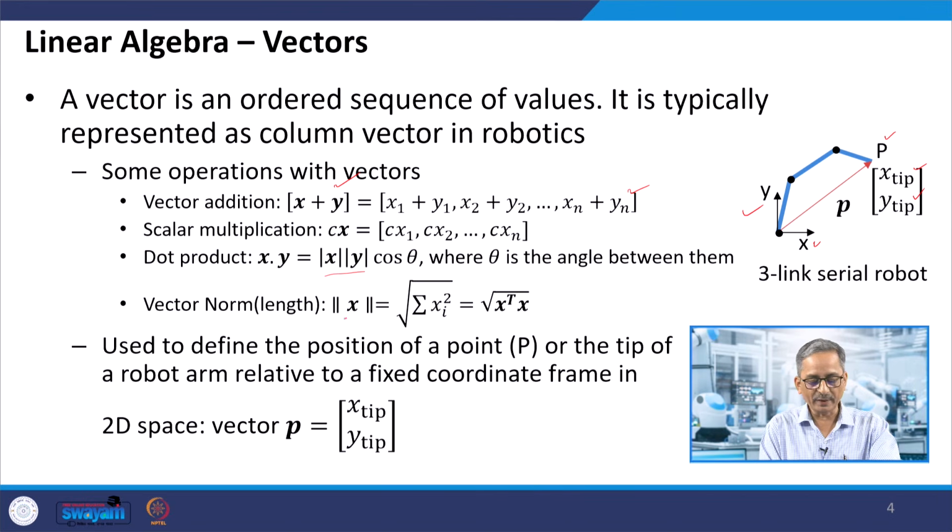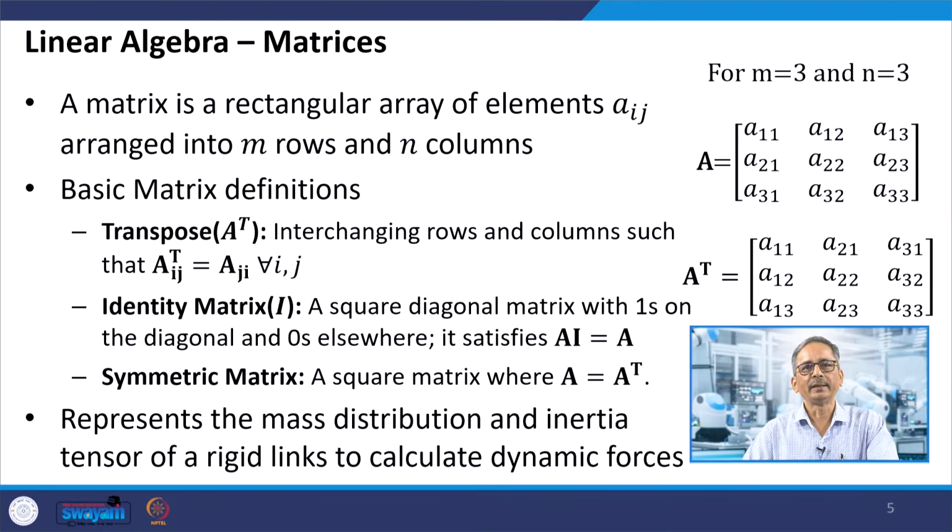We also define the norm of the vector. This way we can represent the position of the robot tip, or any other position vector of the joints of the robot or any point in the robot link, using vectors. Let us see about matrix.